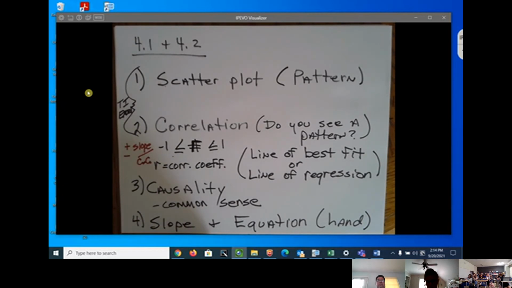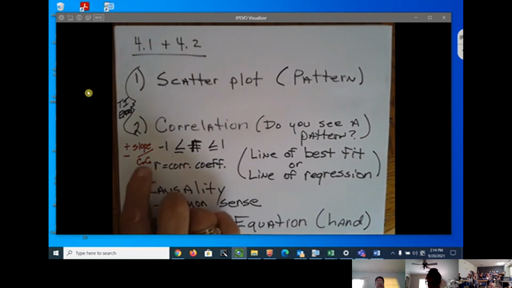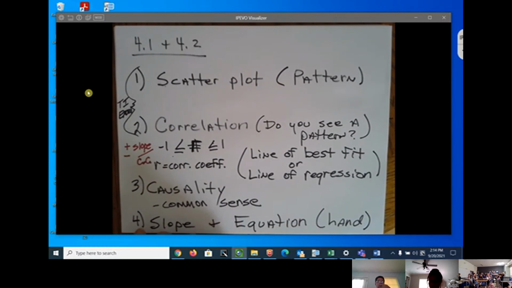That is a test question. It's basically, what is the relationship between slope and correlation? And you would say negative, negative, positive, positive. If the slope is negative, the correlation coefficient is negative. If the correlation coefficient is positive, the slope is positive.